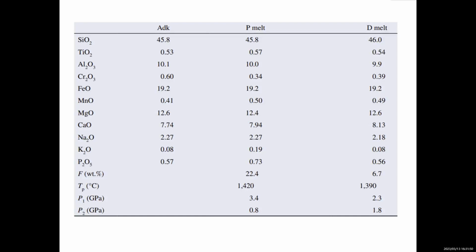Of course, you could see the melt fractions are very different. So primitive melt, it needs 22% melting to generate the basalt. Agree with the result. But if you look at the depleted melt, you just need a very small amount of melting to reach that. Actually, the depleted melt should be harder to melt.